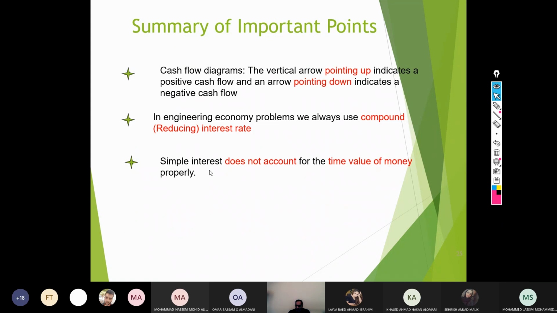Now, why don't we use simple? Because it does not account for time value of money. Okay, so this is the whole concept. We're going to study from now until the end of chapter. What is the meaning of looking at time value effect?